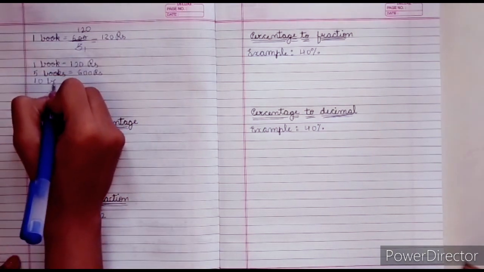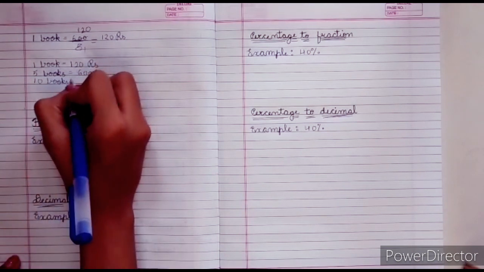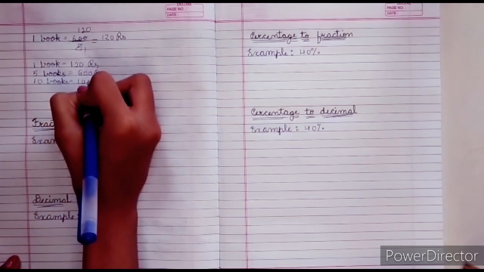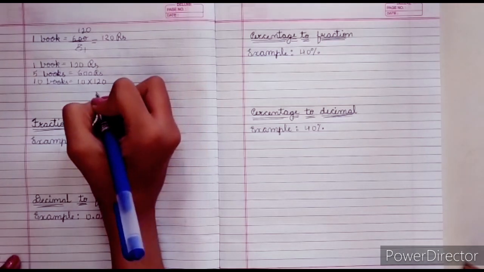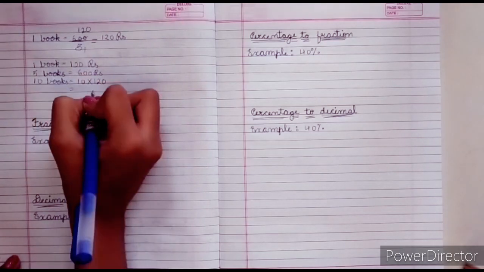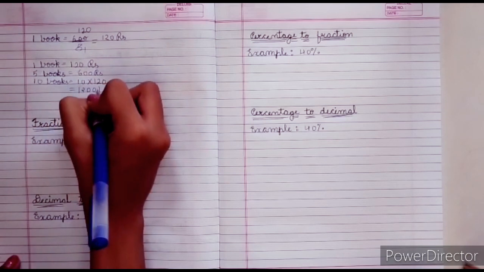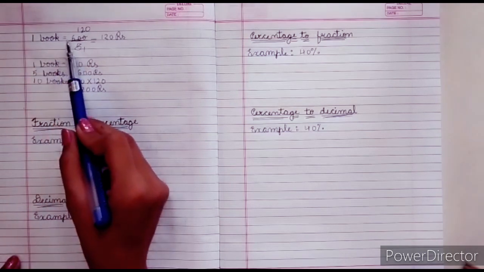And then 10 books is equal to, now we'll multiply one book cost, that is 120, and 10. So 10 multiplied by 120 is equal to 1200, means 1200 rupees.